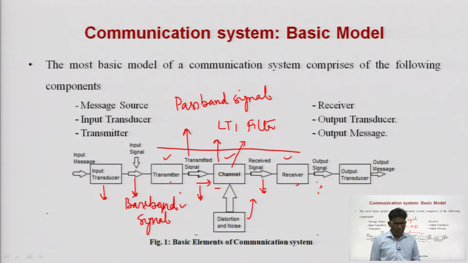So, roughly the bandwidth is somewhere around 3 kilohertz. So, this speech is basically a baseband signal. A baseband signal has very low frequency components. Most of the frequency components are situated nearby 0 hertz in the frequency domain.